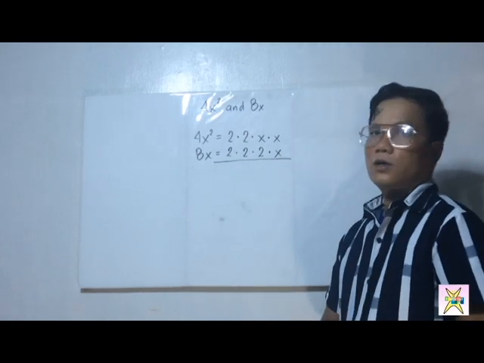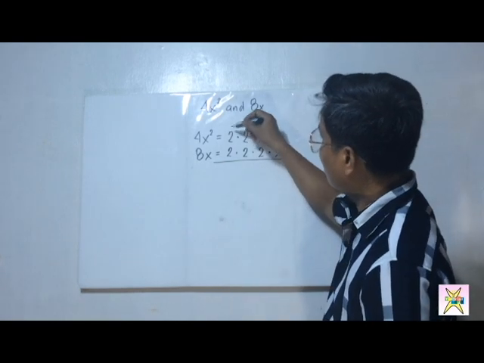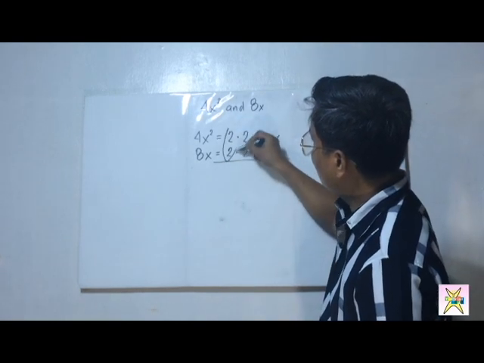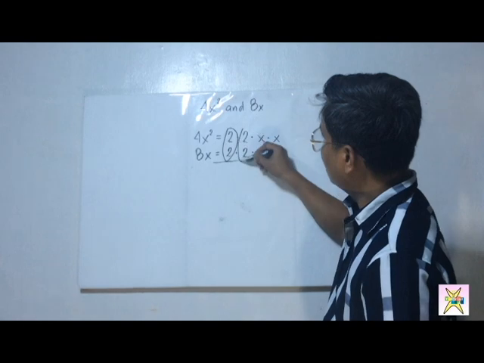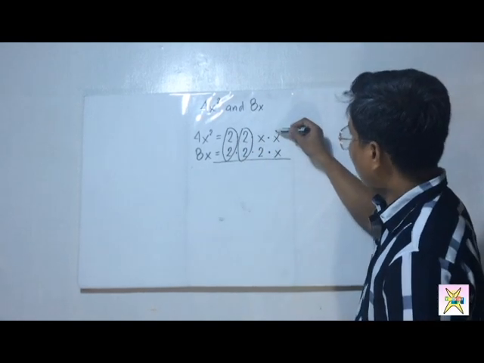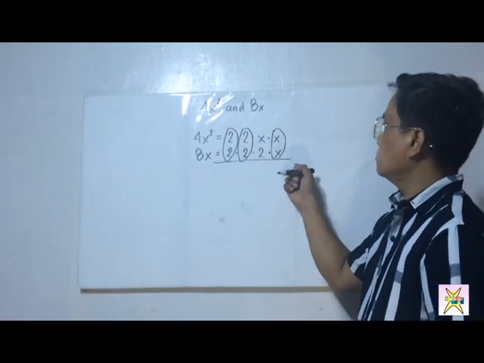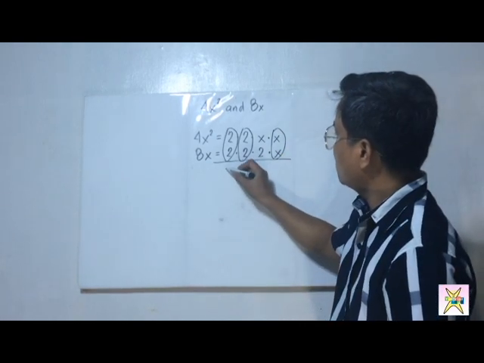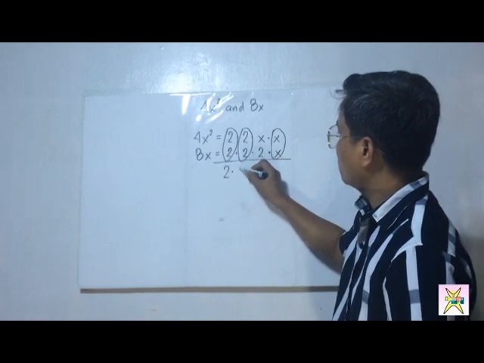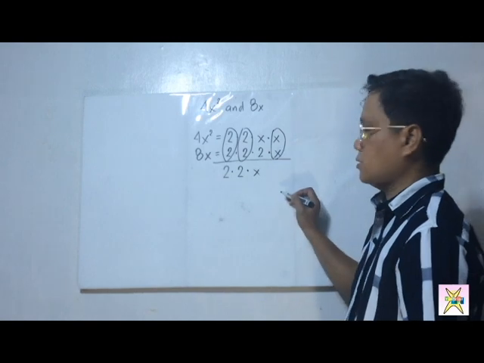So let's encircle the common numbers or factors. We have 2 and another 2, and we have x here. So those are the common factors. We have 2 times 2 times x.